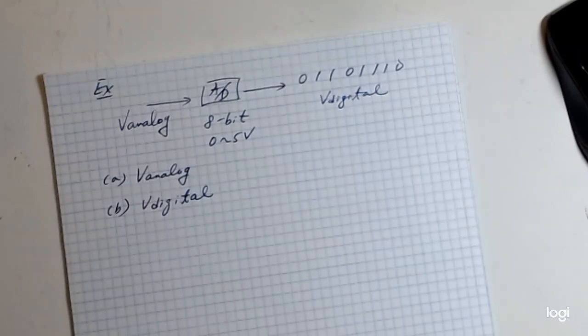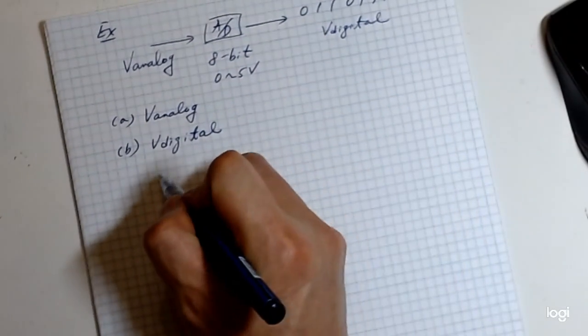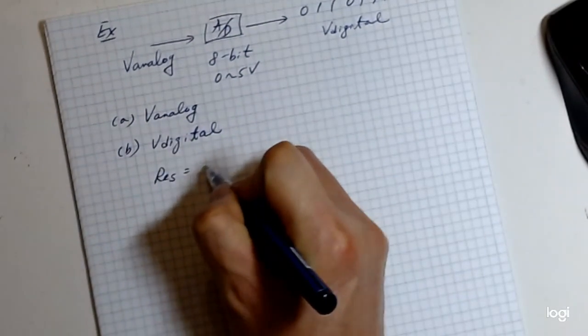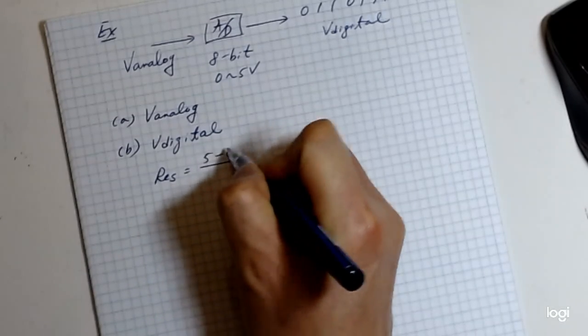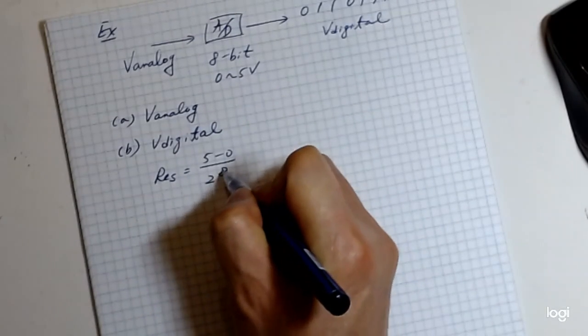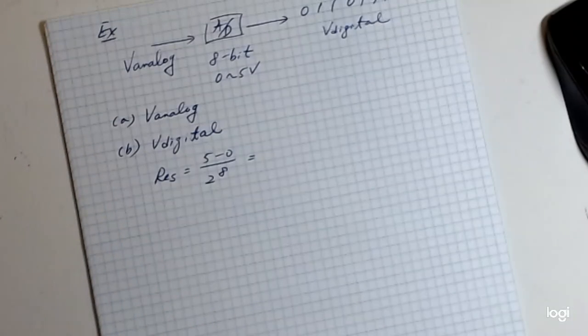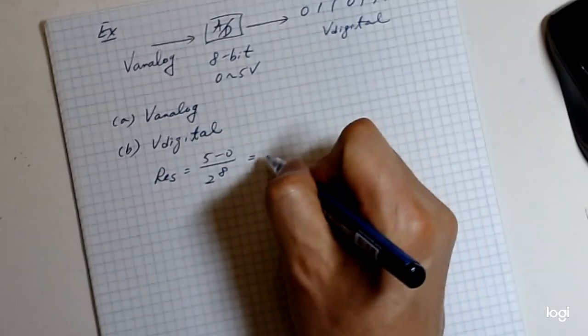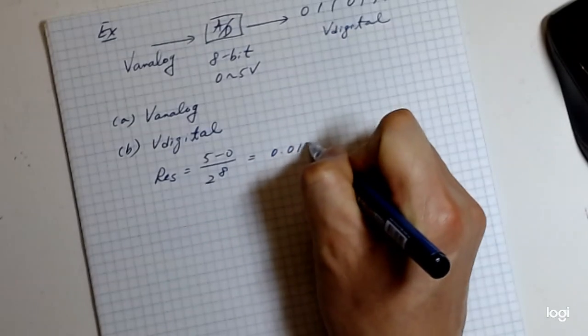So first of all, we know it's 8-bit, so the resolution we can find: 5 minus 0 over 2 raised to 8, which is 0.0195.